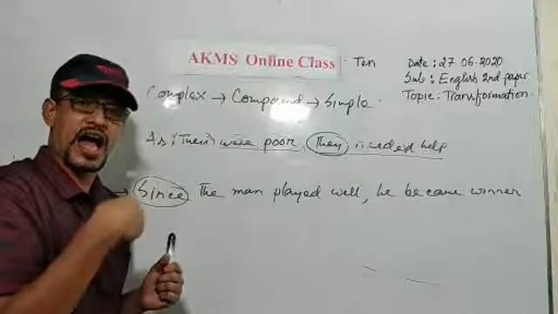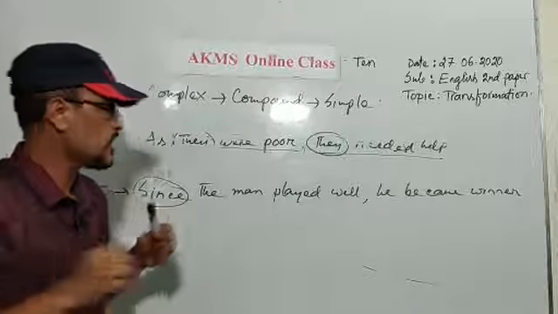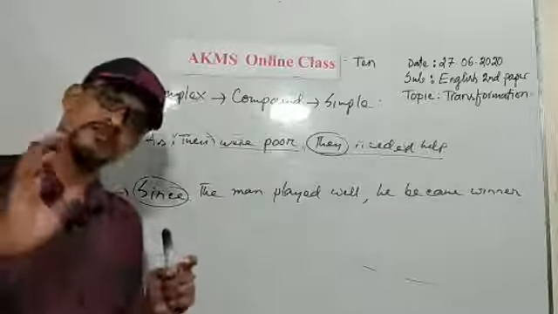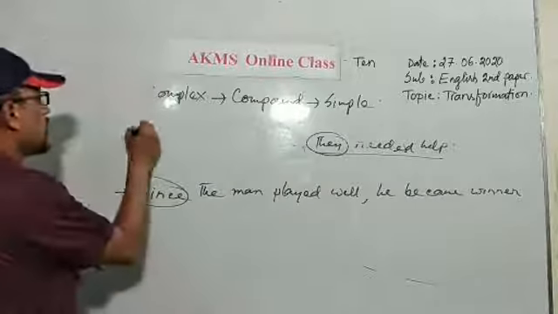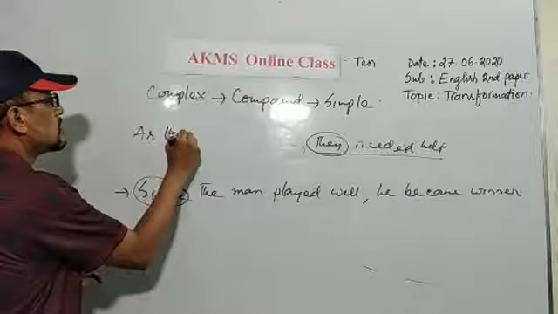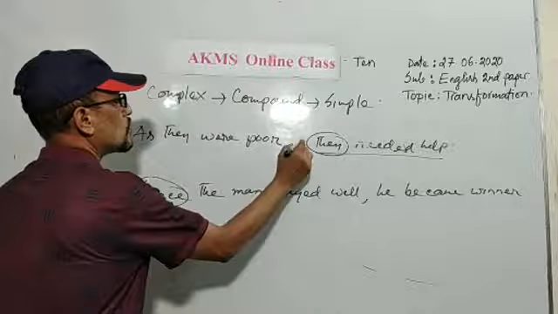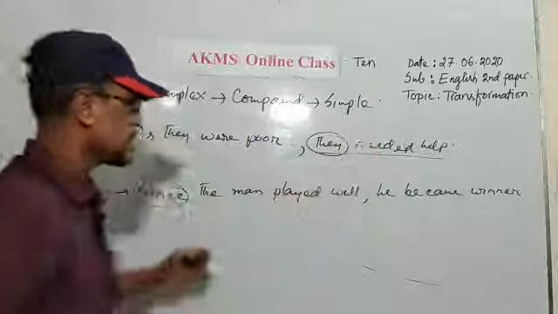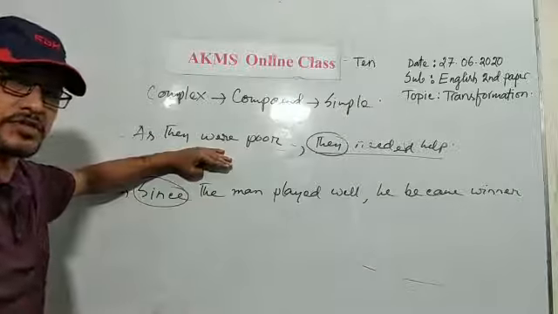How can I give it the strength of a principal clause? How? Look at the board. They were poor. They needed help. Now, I should give the power of a principal clause.